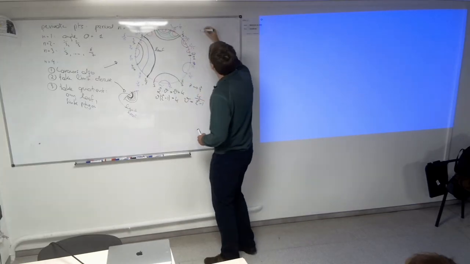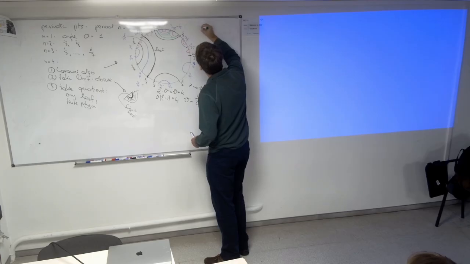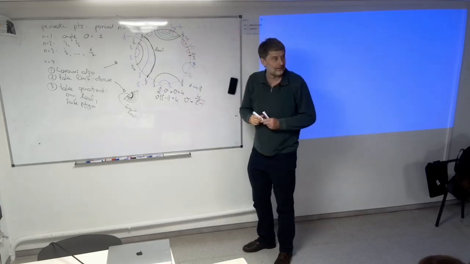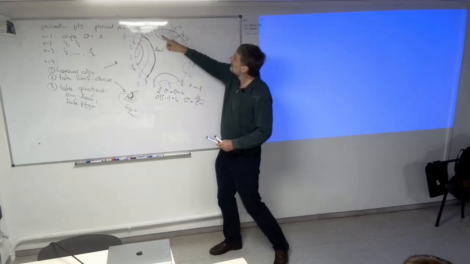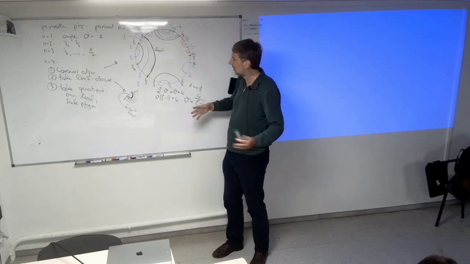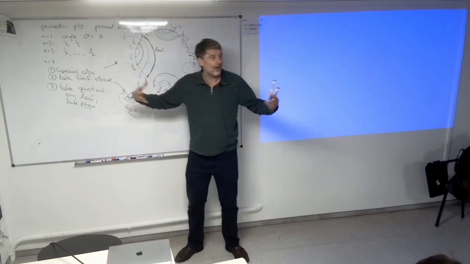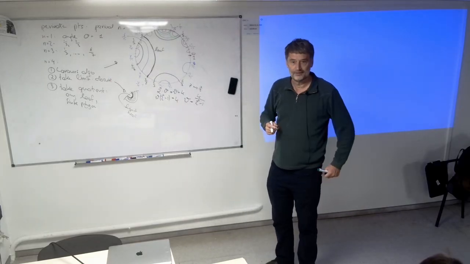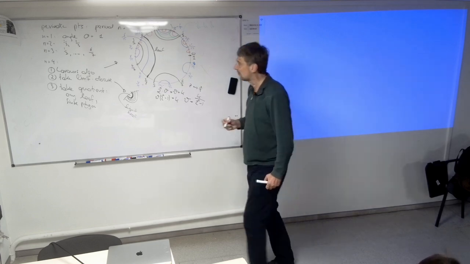So if this is the last green, I have to be nice to it. 9 over 56, 11 over 56, and 15 over 56. So this is a triangle, a finite-sized triangle, also collapsed to a single point. Okay?